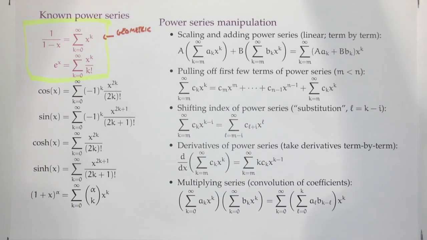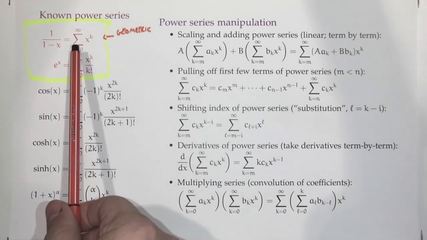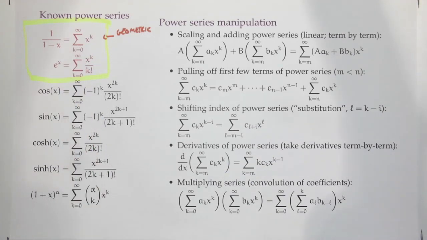Arithmetic means adding. Geometric means multiplying. If you look at this, you get 1, and the next term is x. The next term is x squared. The next term is x cubed. So every time you're multiplying by an x. And that's why it's called geometric. It deals with multiplication.